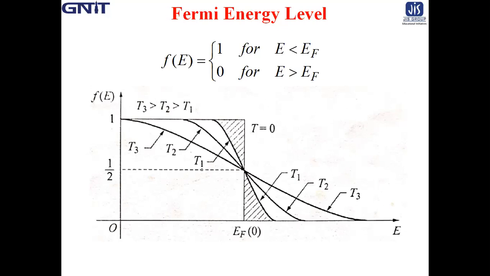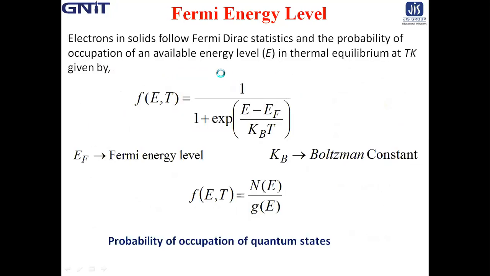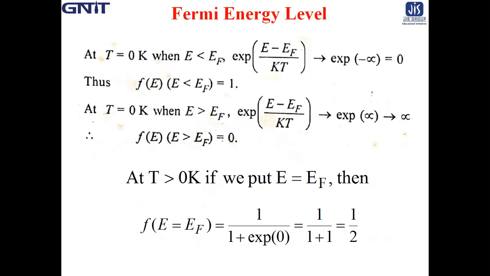Now at T equal to 0 K, when E is less than EF, the term exponential of (E minus EF) by KBT tends to e to the power minus infinity, which equals 0.